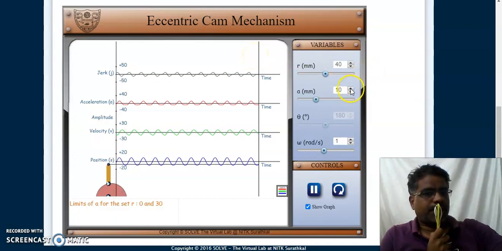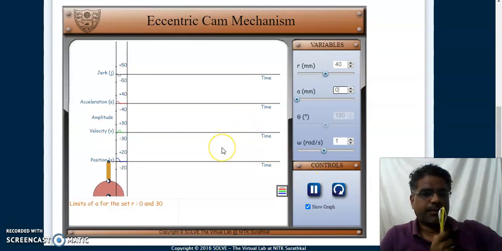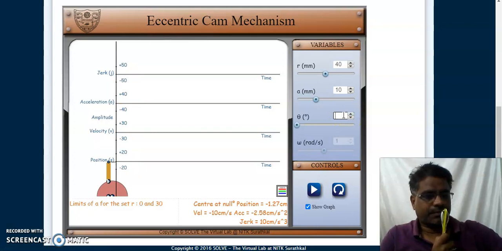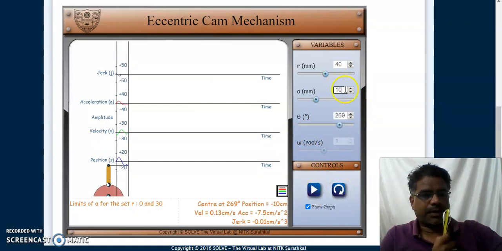Now we will see one more thing. I will make the eccentricity 0. Now what is happening? We are getting a straight line. If I stop once again, and make this also 0, and simulate, now it is A, we will stop again, refresh, then I will make this 0.